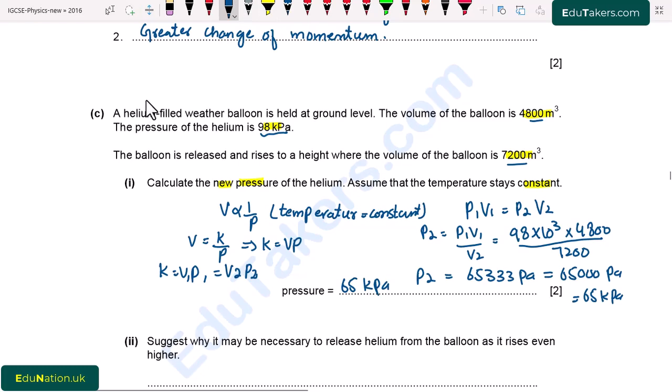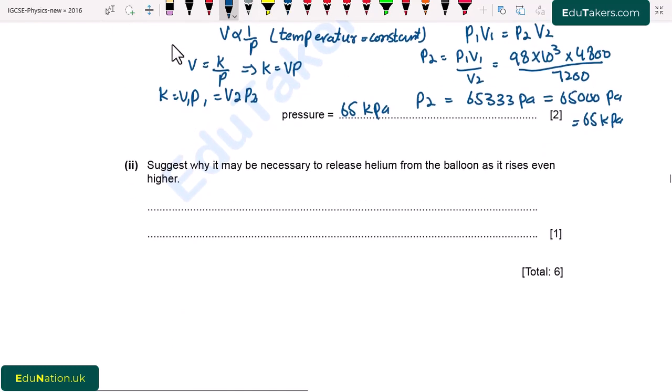Next, part 2. Suggest why it may be necessary to release helium from the balloon as it rises even higher. So it is necessary to release the helium from the balloon as it rises to a greater height. It is due to the reason that as the balloon rises, its volume increases.